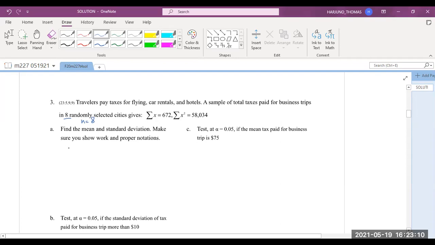Okay, that's from sample, right? So x bar equals 672 over 8. That is 84. Sample variance, that is 8 times 58,034 minus 672 squared, over 8 times 7.